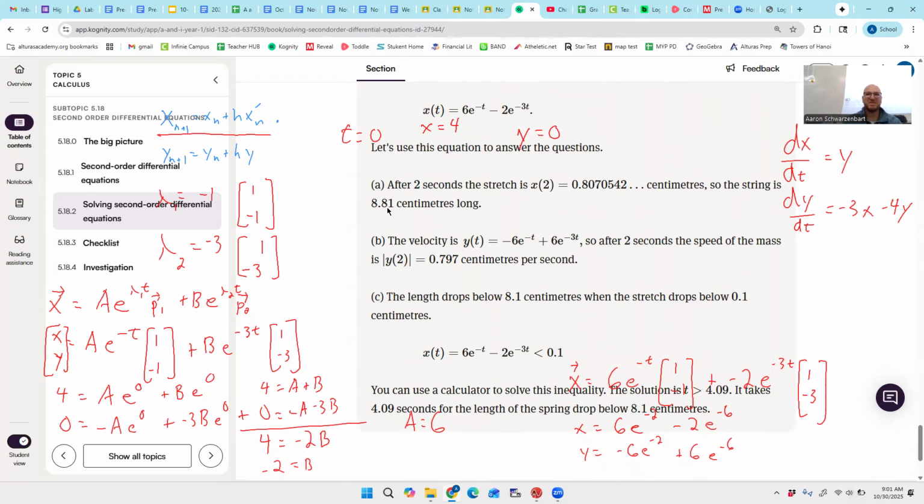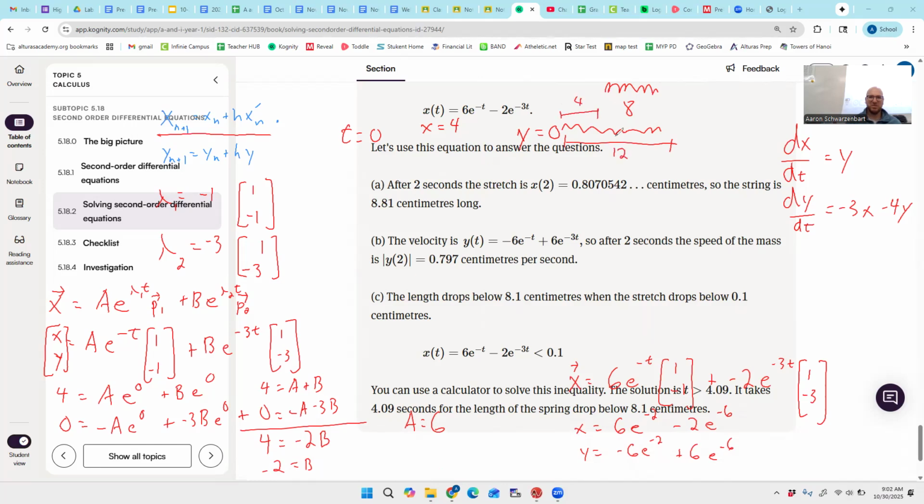Does that make sense? The x position is how far it's stretched from equilibrium. Unstretched length or equilibrium is 8. It started 4 centimeters stretched out, so that would mean it started at 12. So I've got a coil spring that's 8, initially stretched out an additional 4.